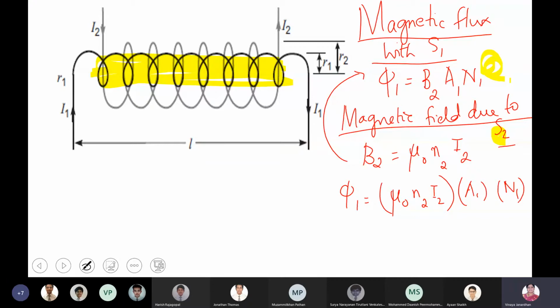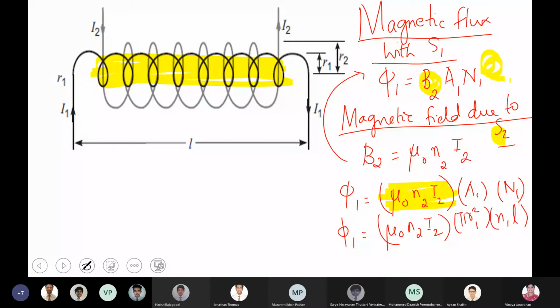I can write phi1 is equal to mu naught n2 I2, area as pi R1 square, and N1, because small n1 is the number of turns per unit length, that will be capital N1 by L. So I can write phi1 is equal to mu naught N1 N2 pi R1 square by L into I2. Mark this as equation 1.